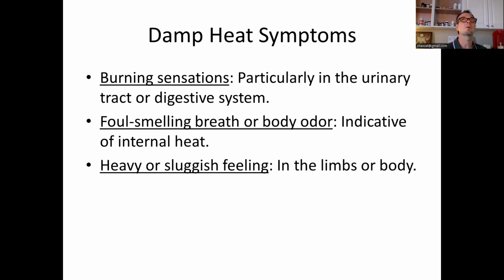It's very hard to just correct. If they have stomach heat and you correct it, that bad breath is a tough one to get rid of.